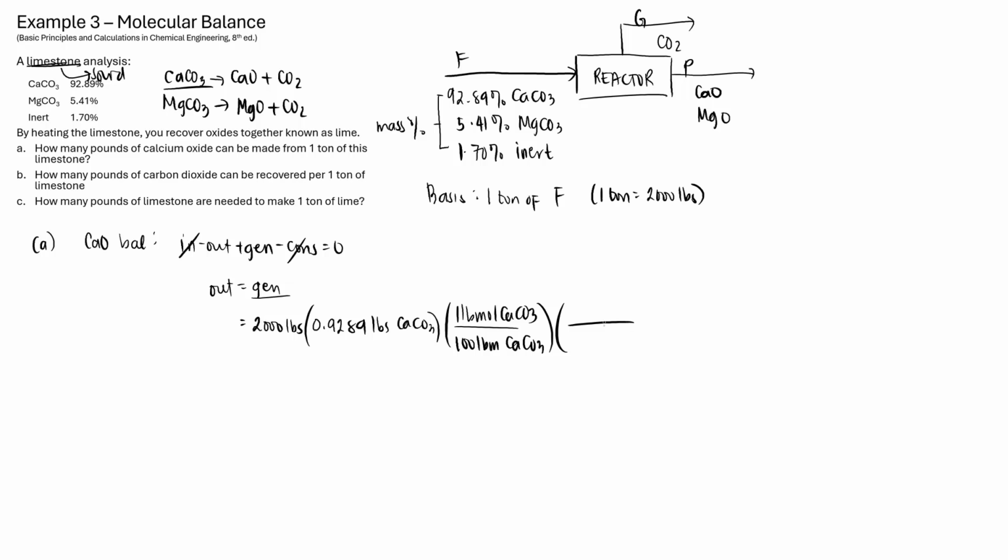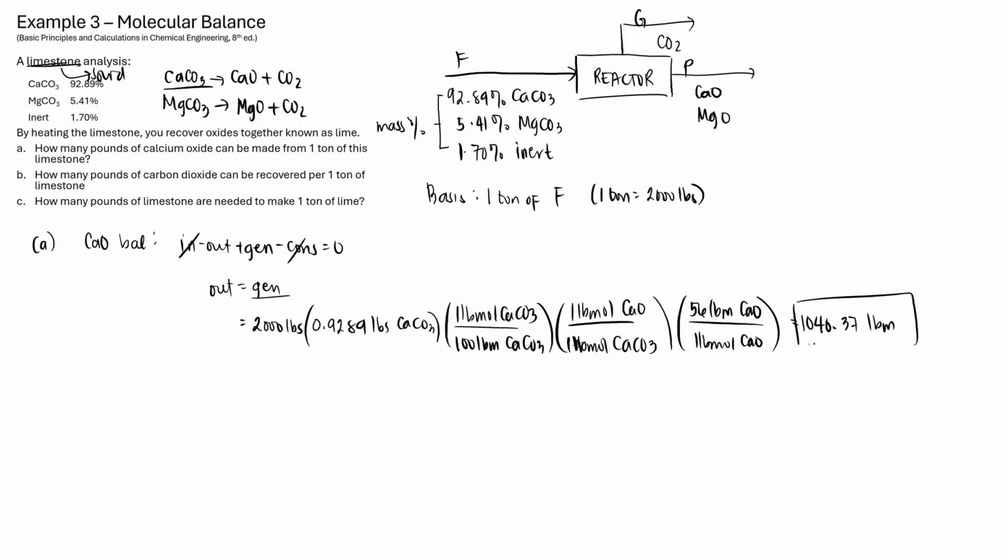Then based sa equation, 1 pound mole of calcium carbonate is equivalent to 1 pound mole of calcium oxide, and then 1 pound mole of calcium oxide is 56 pounds. So this will give me 1,040.37 pounds. That's the answer for A.